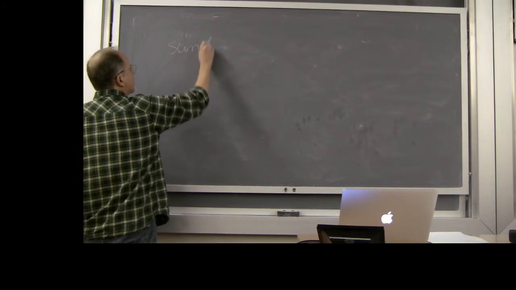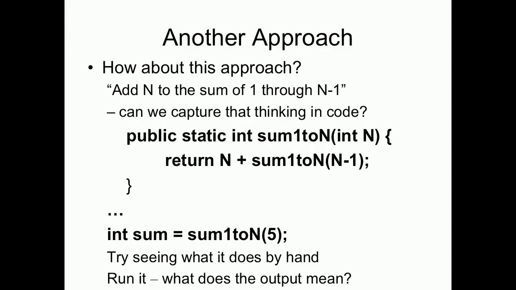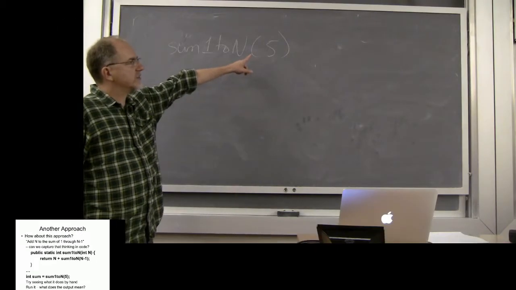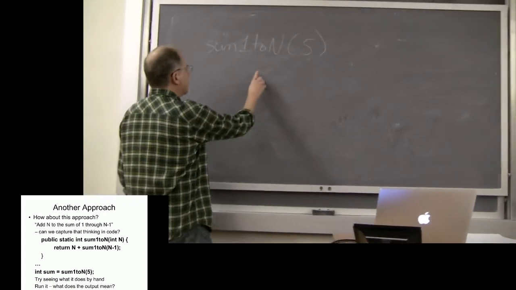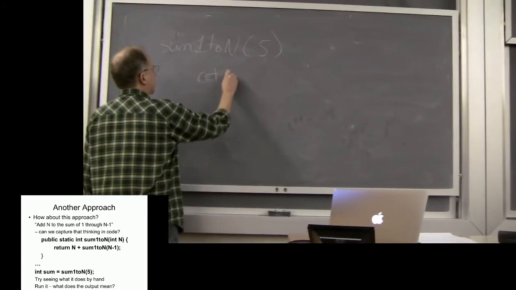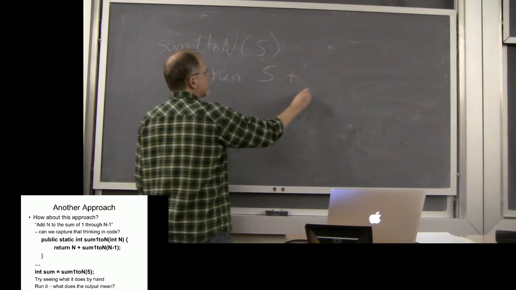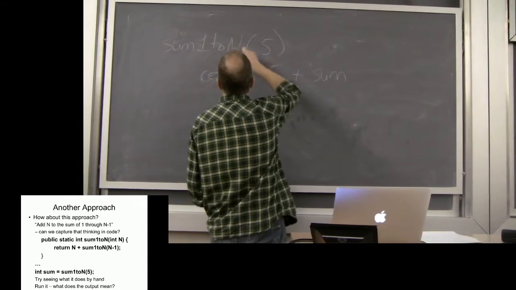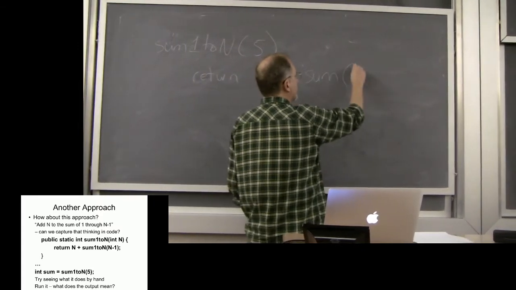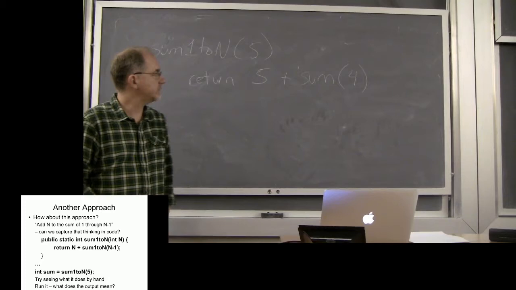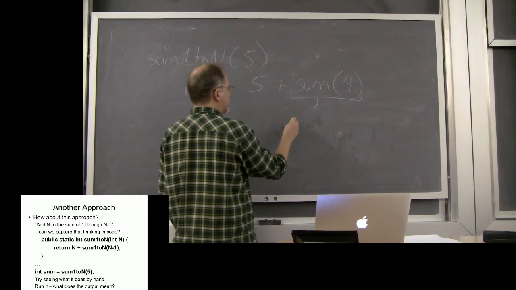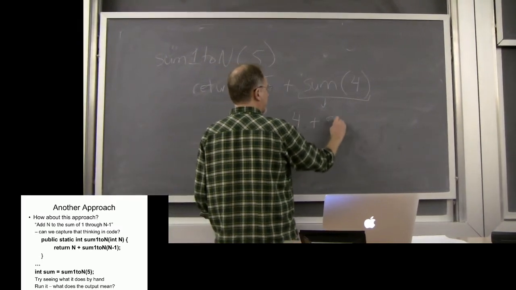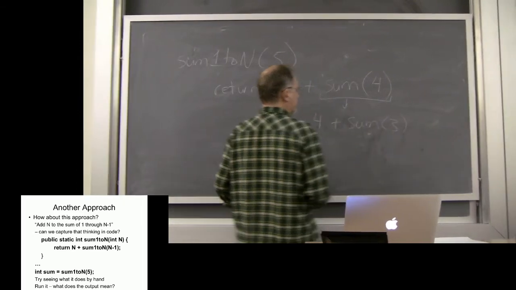All right, so if I say sum of 1 to n of 5, when I make this call, it enters this code here, n becomes 5, and it says return 5 plus the sum, I'm just going to call it sum instead of 1 to n here, of n minus 1, which is 4, right? Well, this becomes 4 plus the sum of numbers 1 to 3.